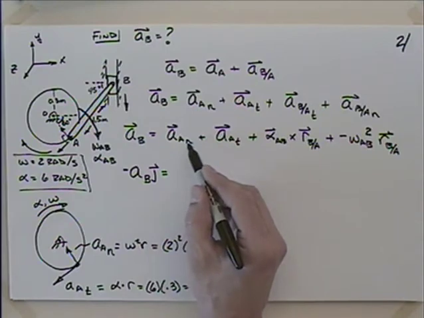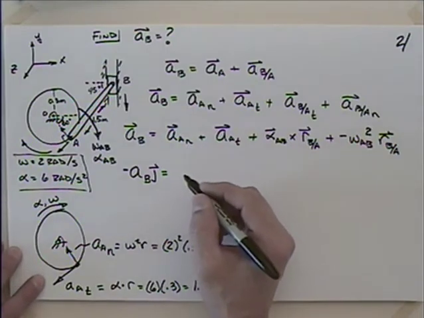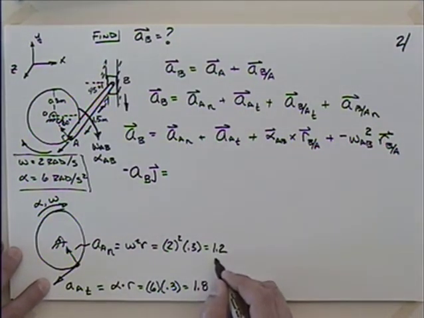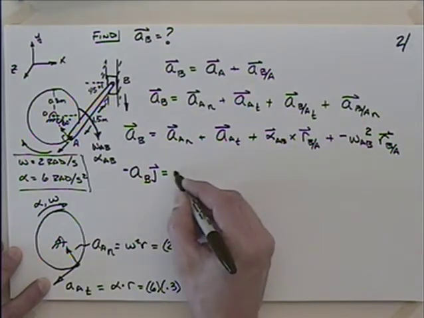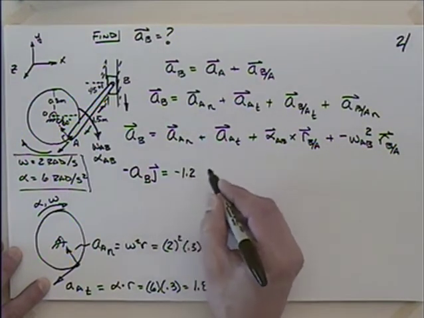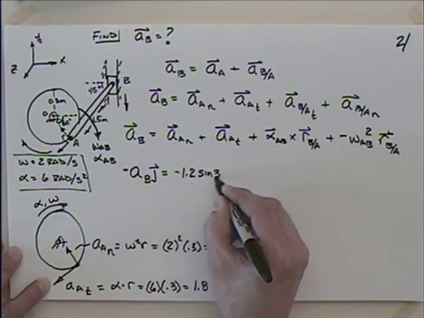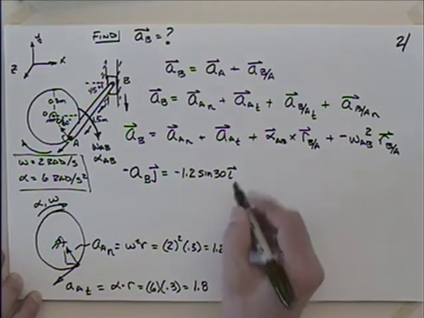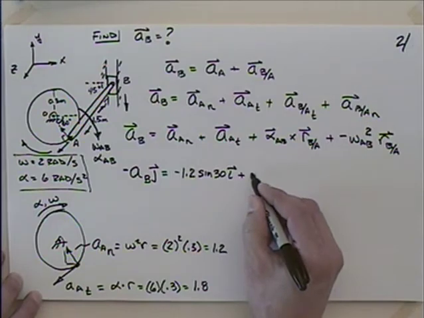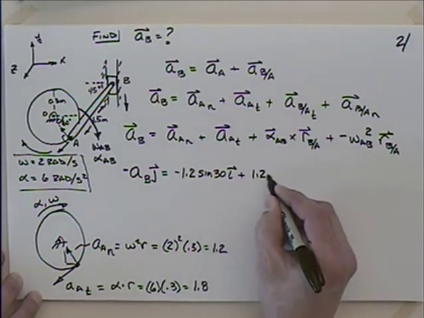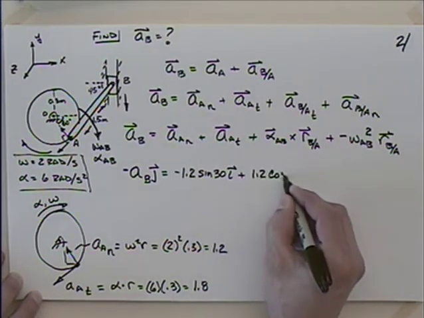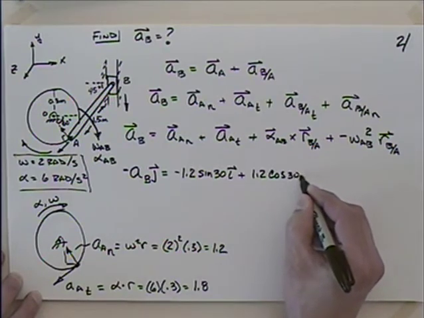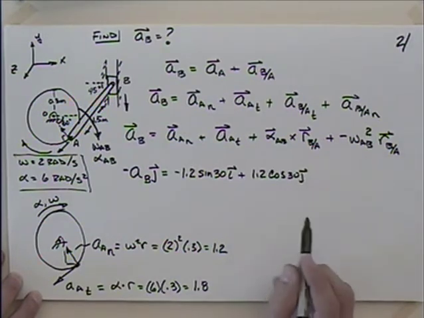Now, the acceleration of A in the normal direction. I'm going to have this one here. That's the magnitude, and I will have minus 1.2 times the sine of 30 in the i direction. So I'm just breaking this normal piece up into its i and j components. And then I'll have plus 1.2 times the cosine of 30 in the j direction.